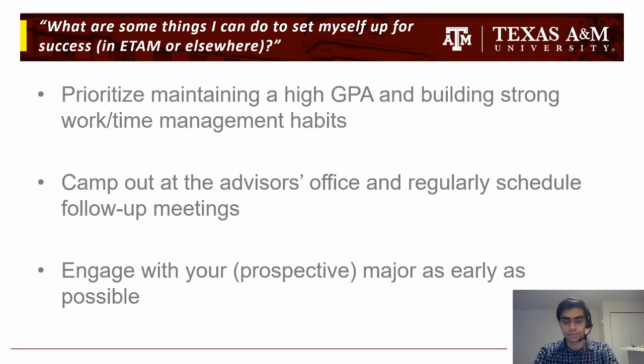So let's say that you're having a crisis of faith and you're stuck between computer science versus electrical engineering. Having some engagement with both departments will allow you to solidify maybe which one you prefer. So do what you can to engage with your major as much as you possibly can.